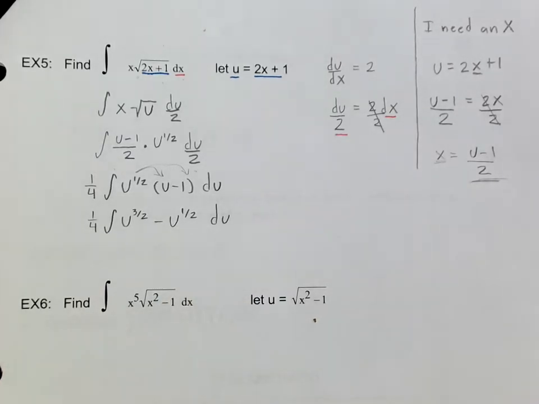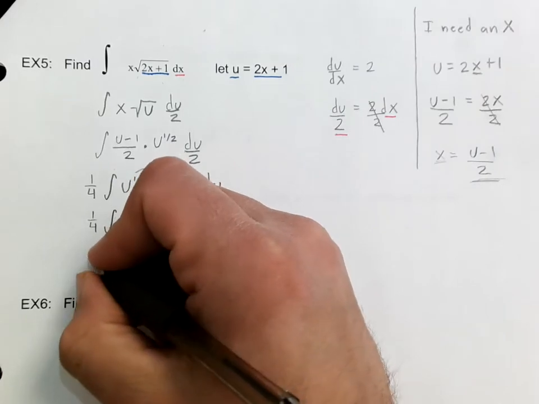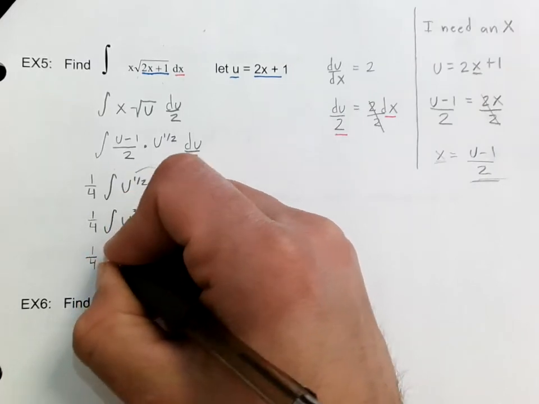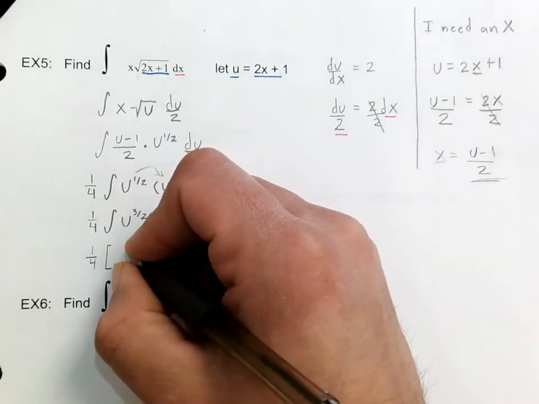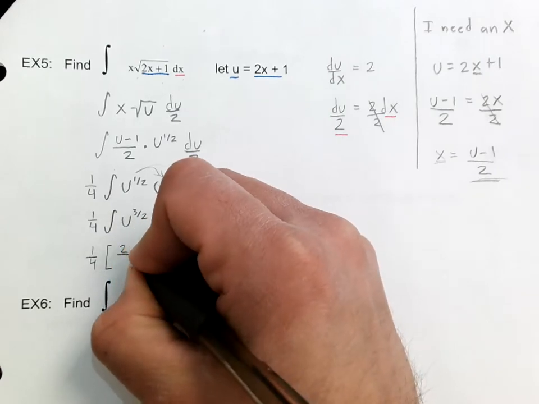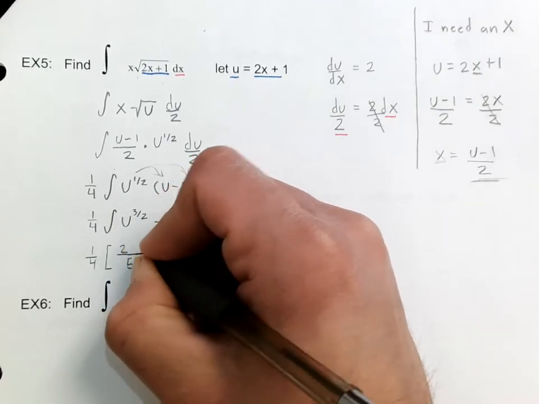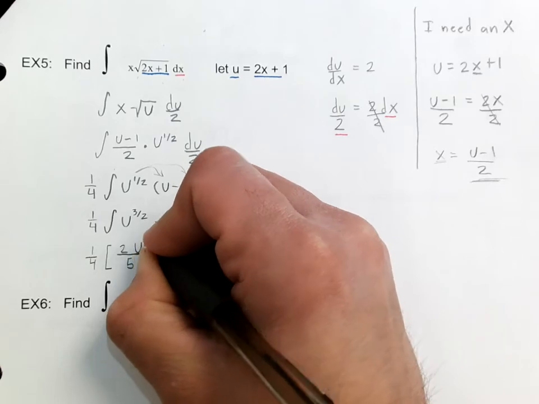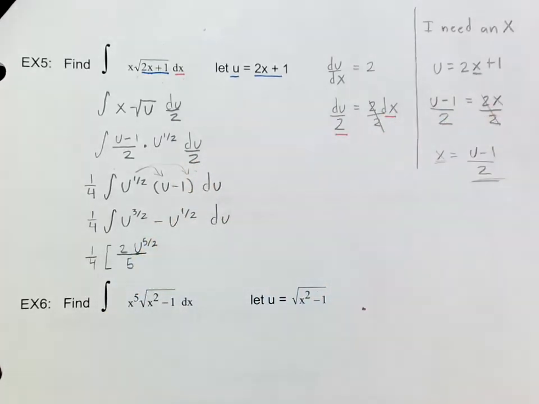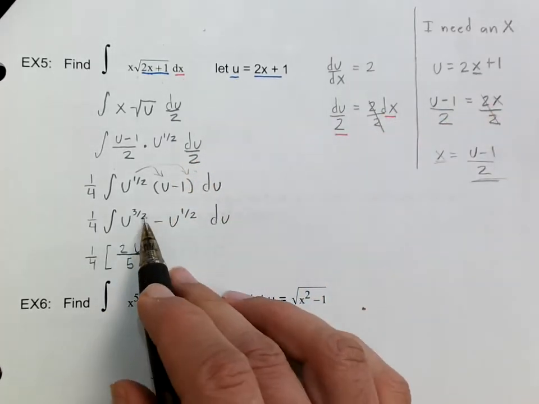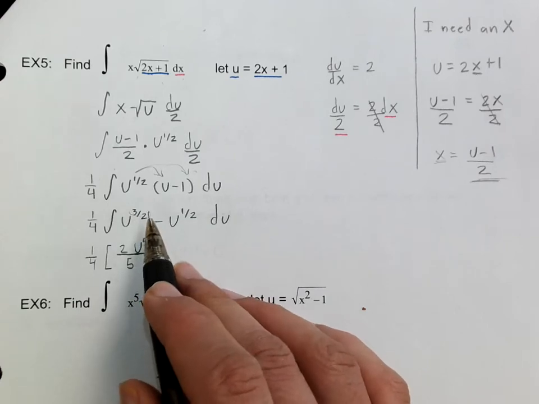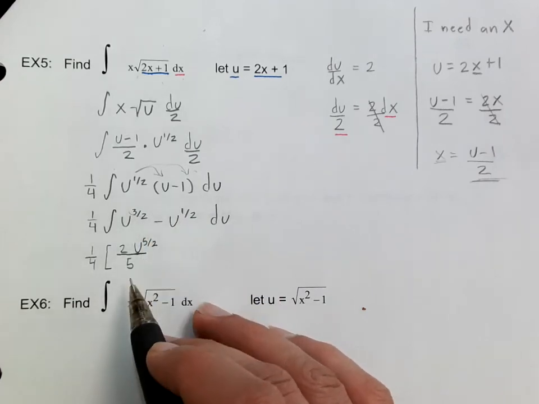So I'm going to have 1/4 times 2u to the 5/2 over 5. Remember, I'm adding 1 to this power and dividing by 5/2, which will give me 2/5.